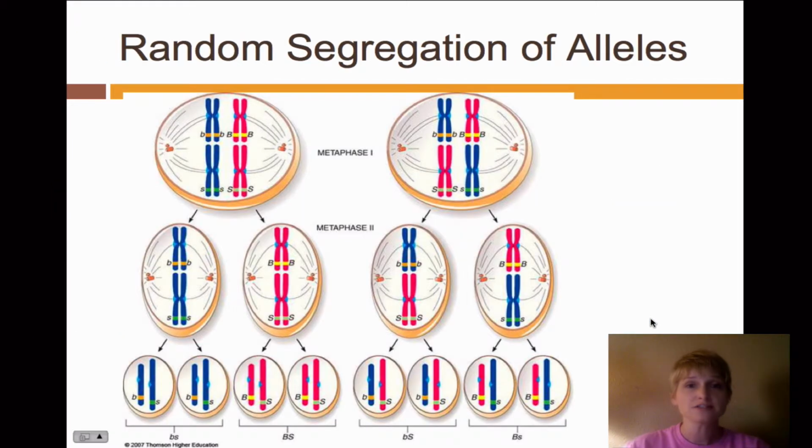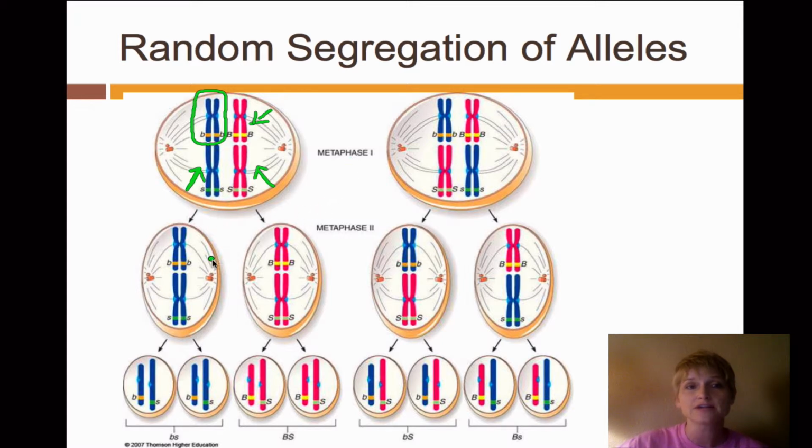Mendel also figured out that alleles segregate randomly, and what this means is that when these alleles line up on the metaphase plate during meiosis, it's random as to how they line up. It shows that this chromosome is here in this position, but it could have just as easily been in any of these other places. There's no pattern to how they line up.